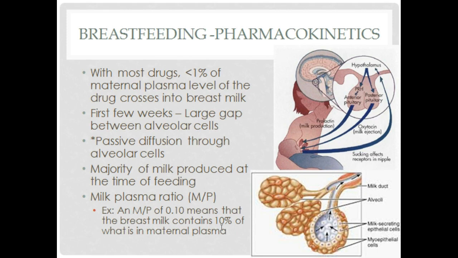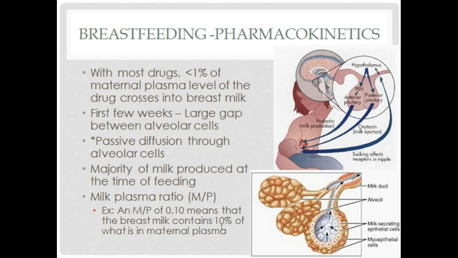It's only really speaking to how much of it's easily transferring. So it can be a really high amount that's transferring, and it can be perfectly safe if it's a medication that a baby would be fine to take anyway. Or it could be a very low amount that's transferring, but it's very unsafe to be taking when you're breastfeeding.